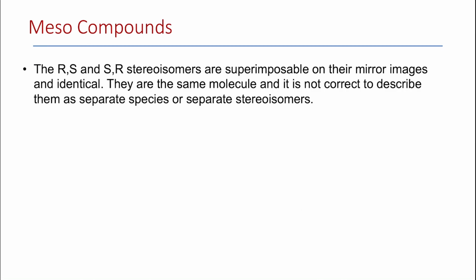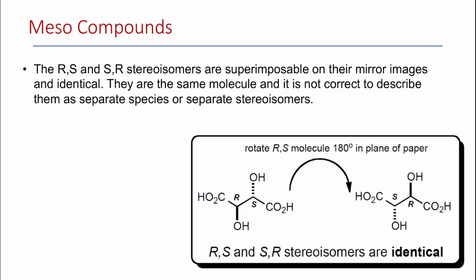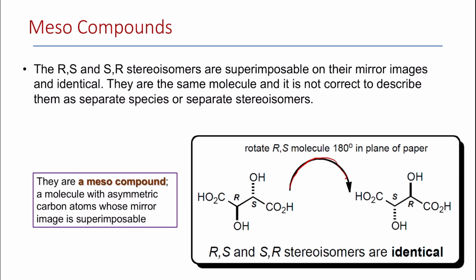The RS and SR stereoisomers are superimposable on each other, so they are not enantiomers. They are the same molecule. If you rotate the molecule 180 degrees, you are going to have the opposite stereoisomer, which is going to be exactly the same compound. So they are superimposable on each other. These are called meso compounds.